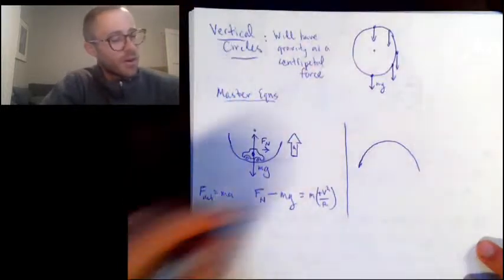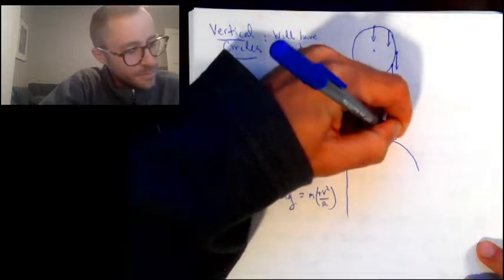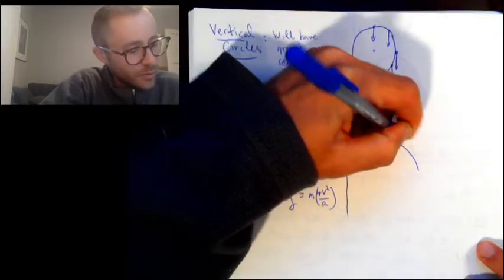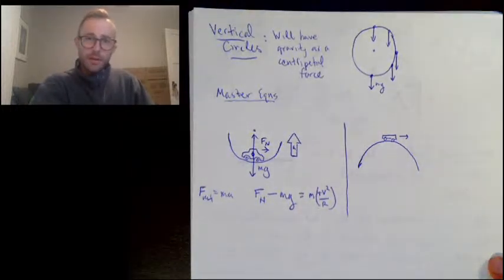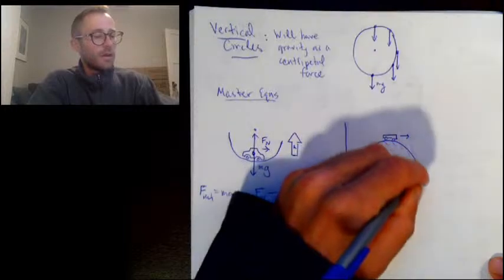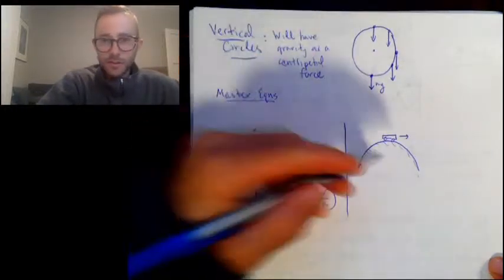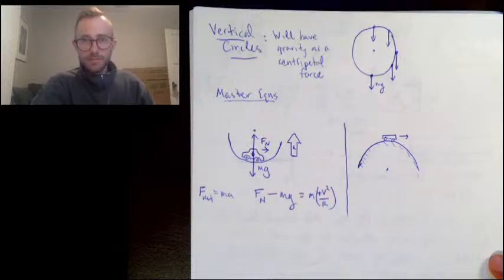what if the car was at the top of a circle with a certain speed? Here, if you're at the top of the circle, the center of the circle is down here.